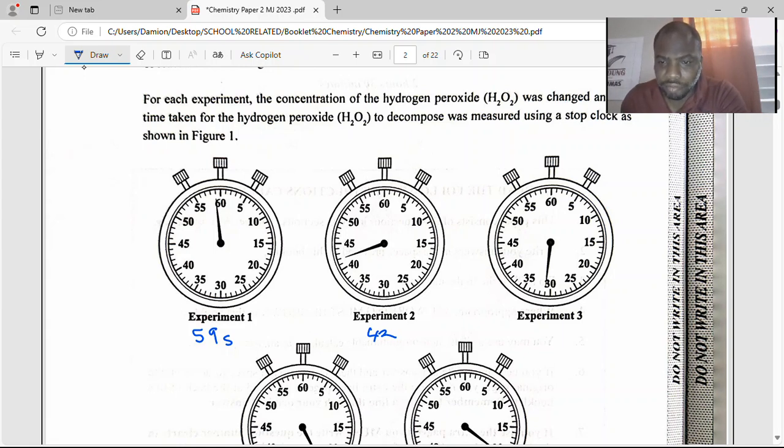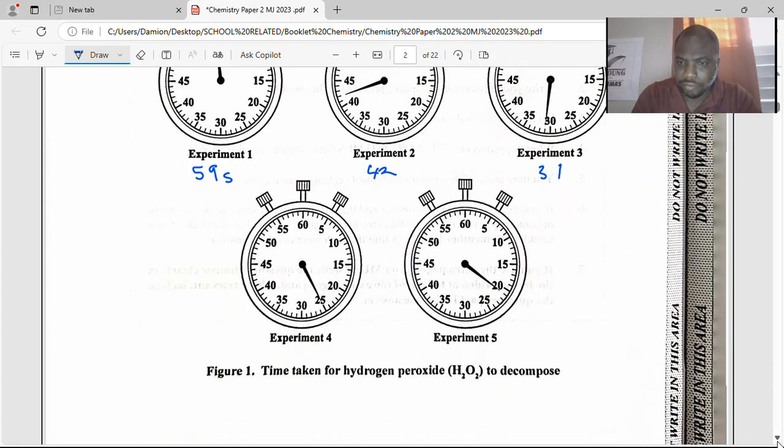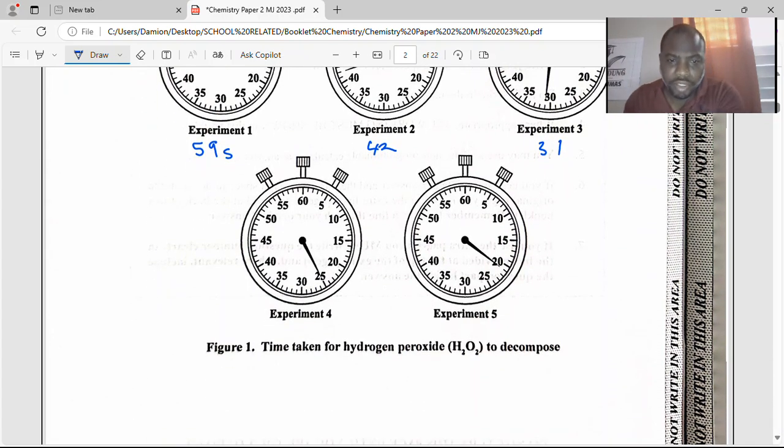Third, 31 seconds. Fourth, 25 seconds. Fifth, 21 seconds.